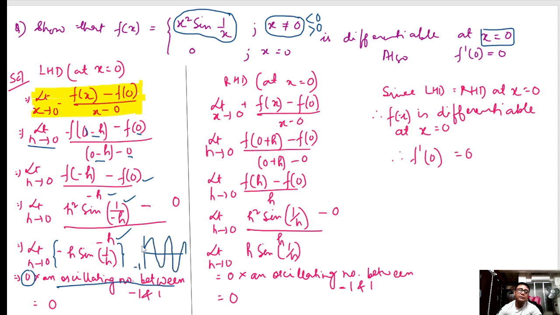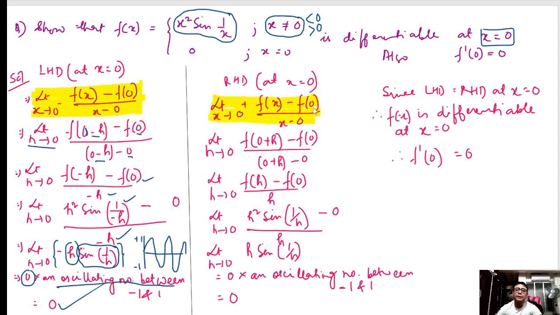So this is minus 1 and this is plus 1. So this is an oscillating function between minus 1 and plus 1 into 0. That means the answer will come 0. Similarly, if I test the limit at x equal to 0, the right hand derivative is written like this.